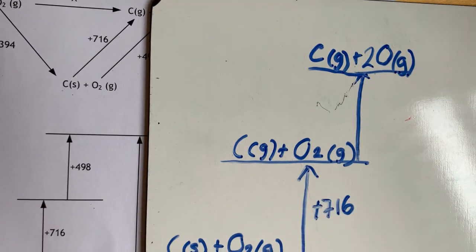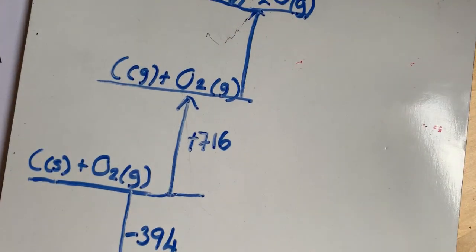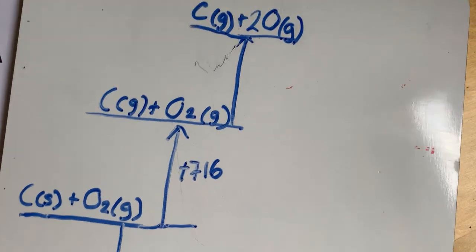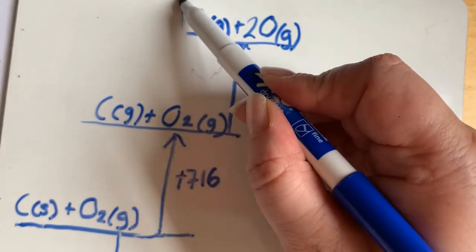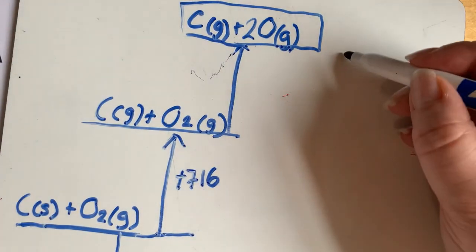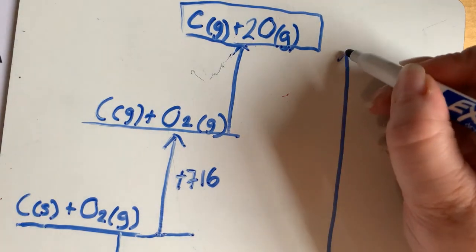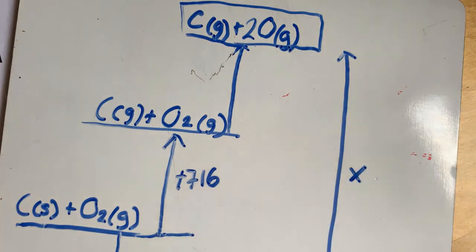So when you combine all of these processes, or you compare what our starting material is to our final product, then the difference between these two is x.